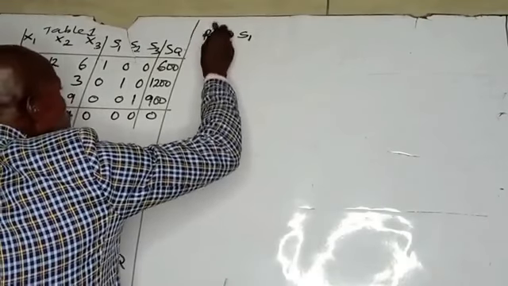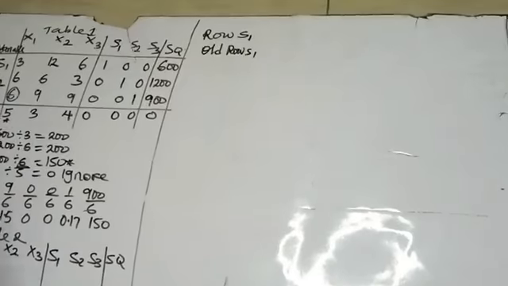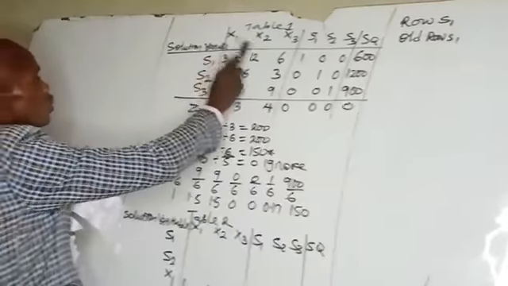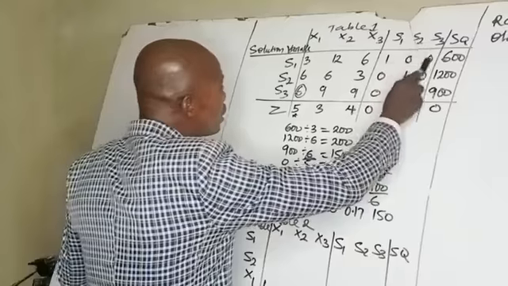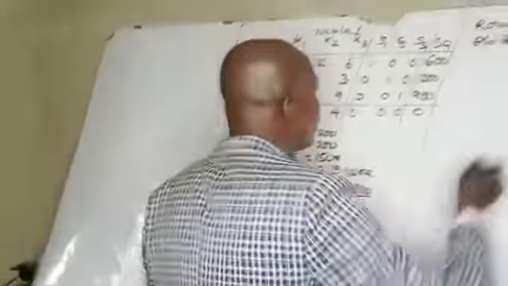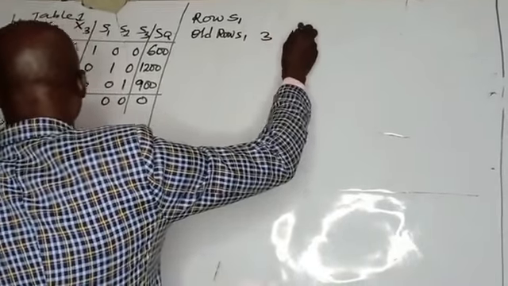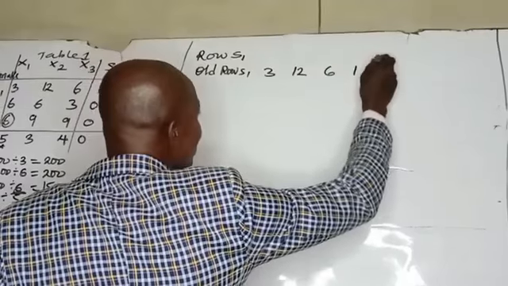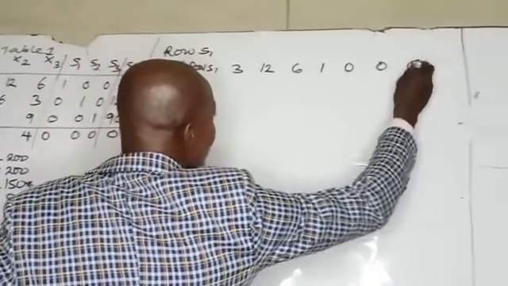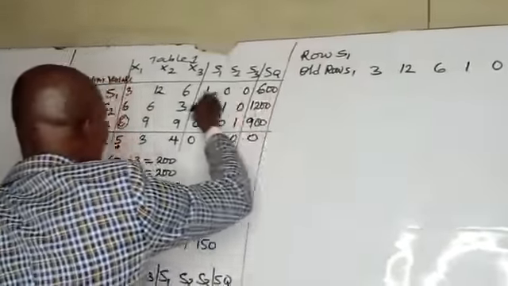Now, we have old row S1. Old row S1, we have 3, 12, 6, 1, 0, 0, 600. That is the old row S1.